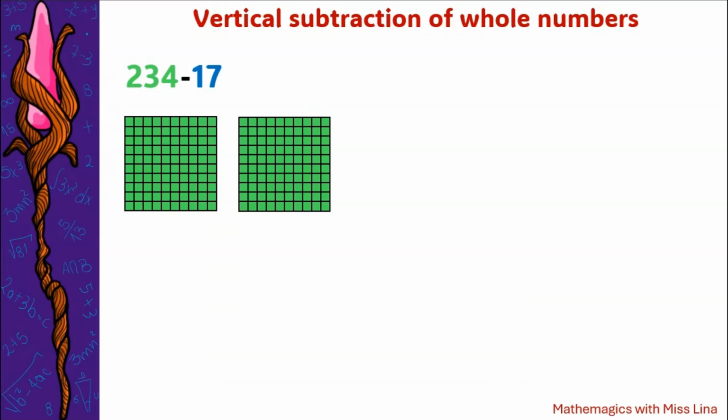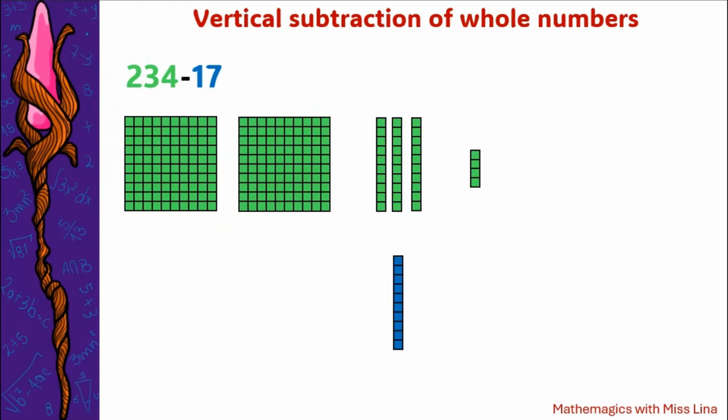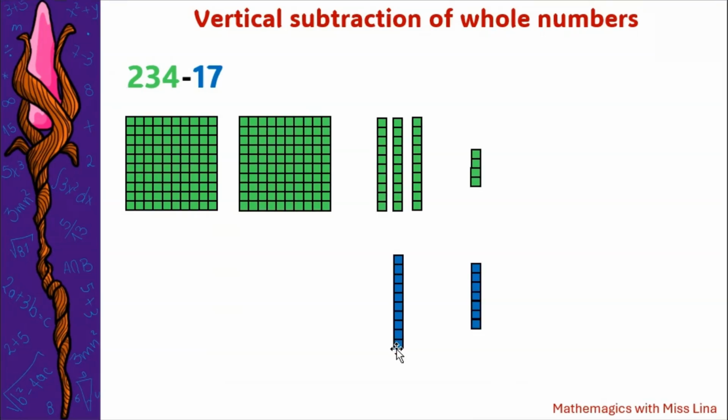So we have 234, and we have the 110 and 17. This is the 17. In order to do the subtraction, we are going to take away one of the tens. Remember, just the green ones are going to be in the result. And then we have 7 here. But notice that we have just 4 ones here. So we need to go to the tens and cover from them.